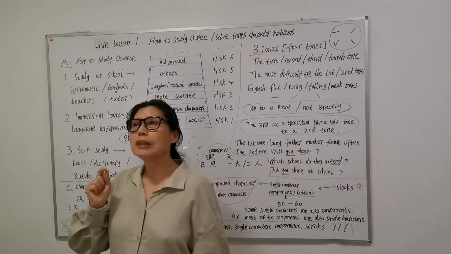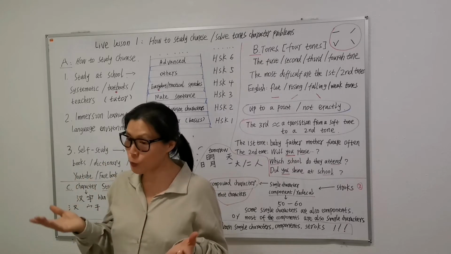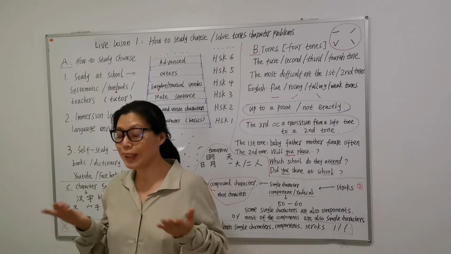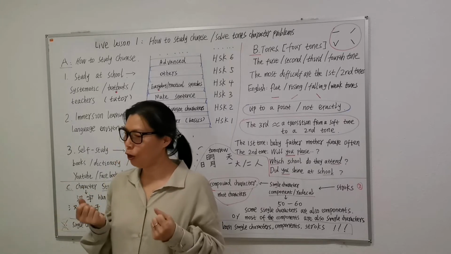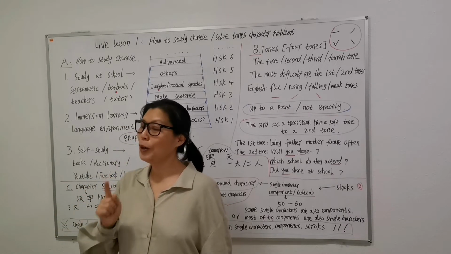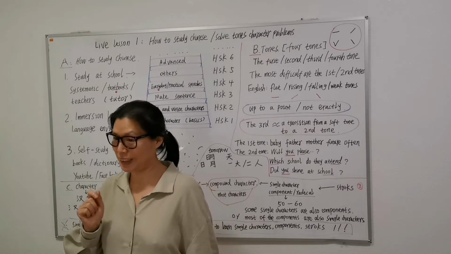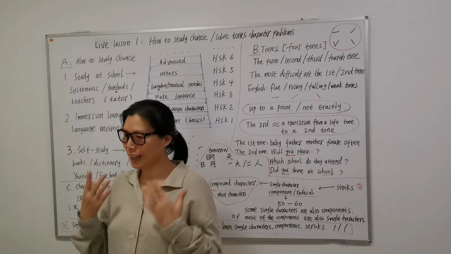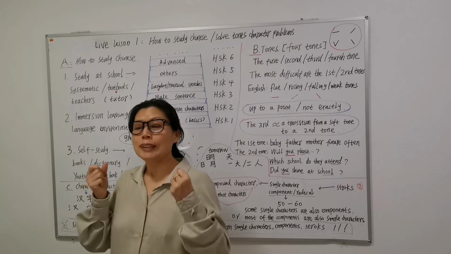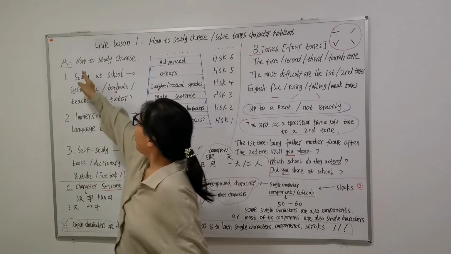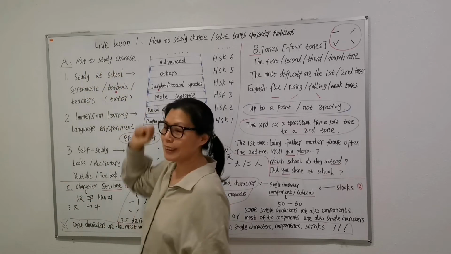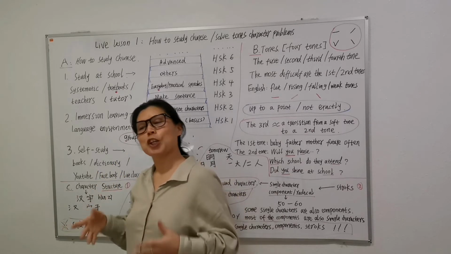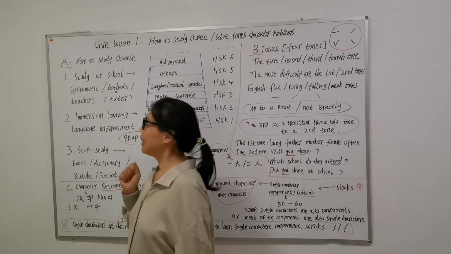Did you think about how to study Chinese before you first started learning Chinese? Oh, no, I know you didn't think about it. You just go. That's why now we are together here. We will discuss how to study Chinese together, to make up something, to correct something. Okay, let's start.